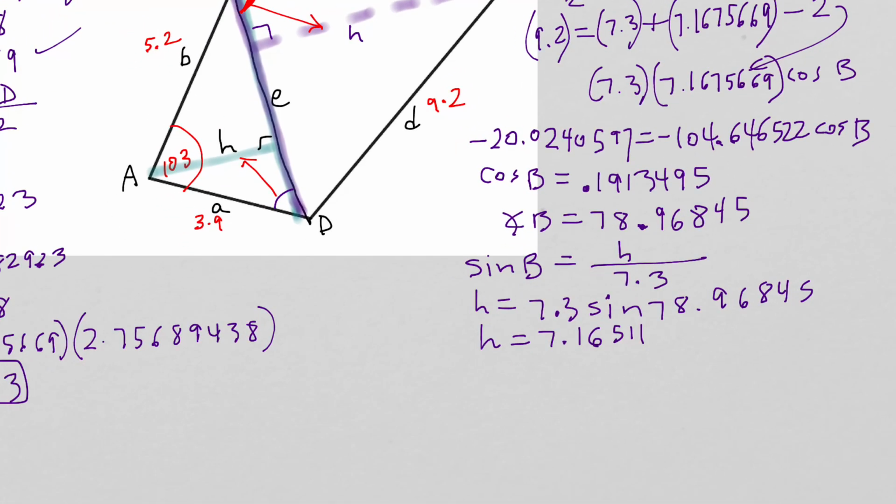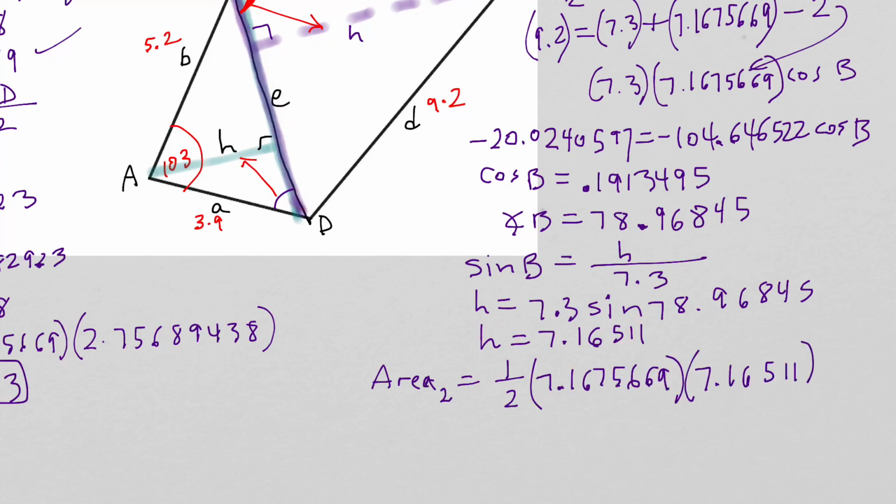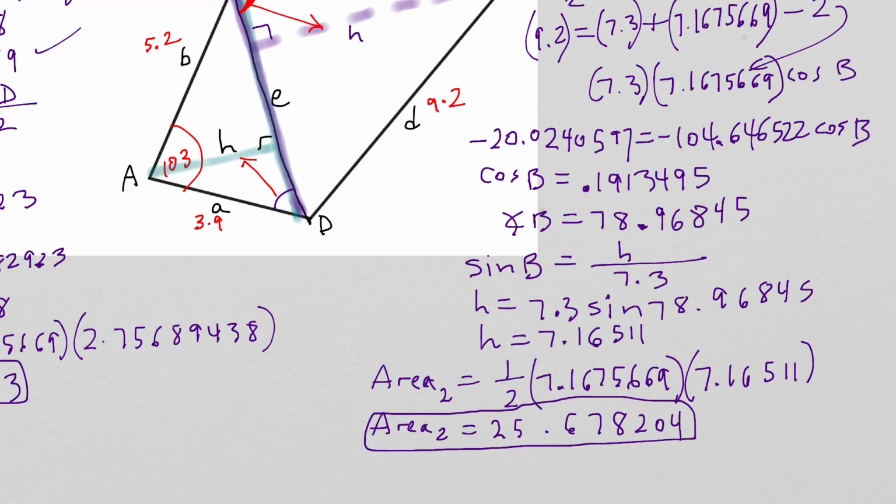So the area, let's just call that area sub 2, is equal to 1/2. We've got the same base, this same base here, but we're using this h here. So I type that into the calculator and I get this second area is equal to this 25 number with these digits to the right.